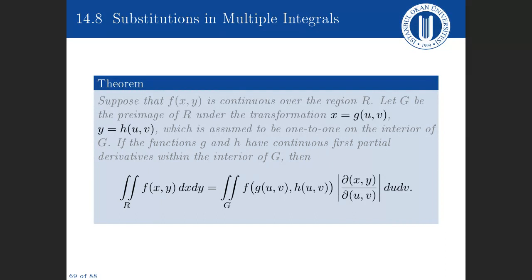So this is how we do substitutions in multiple integrals. The dx dy we're going to be replacing by the absolute value of the Jacobian of the transformation du dv. And the other thing that we need to take care of is we need to change the region of integration.